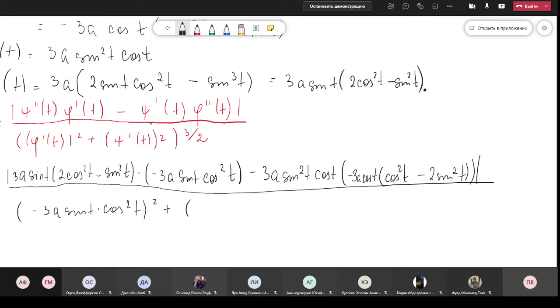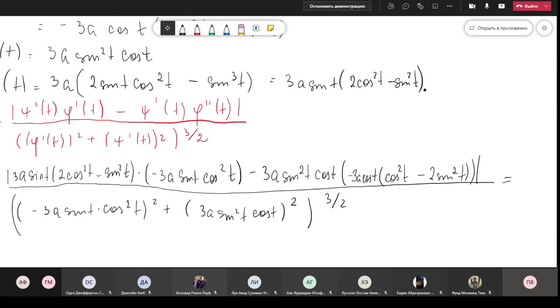Psi prime is just 3a sine squared times cosine. Squared is squared, and all of this with power of 3 over 2.